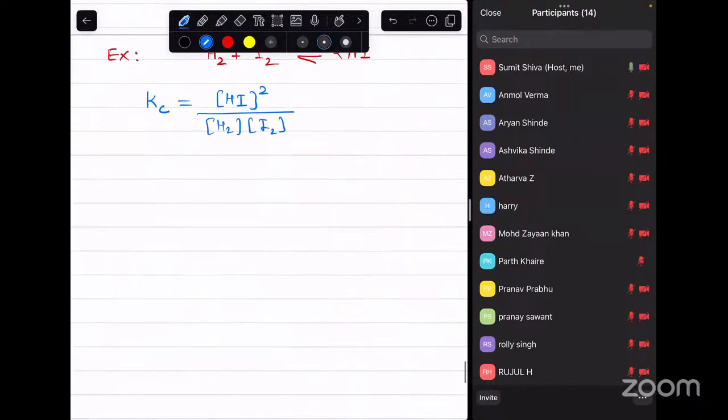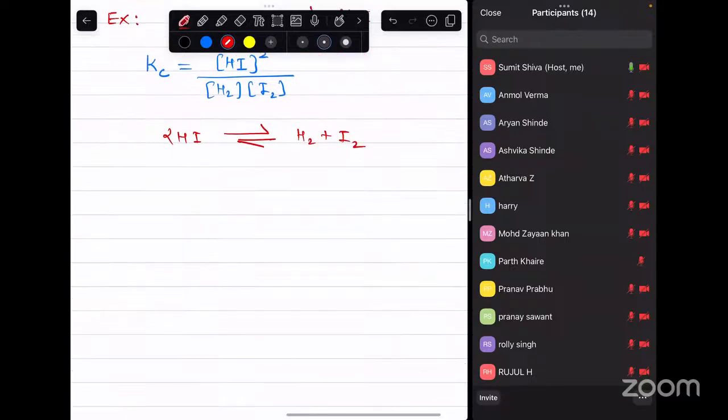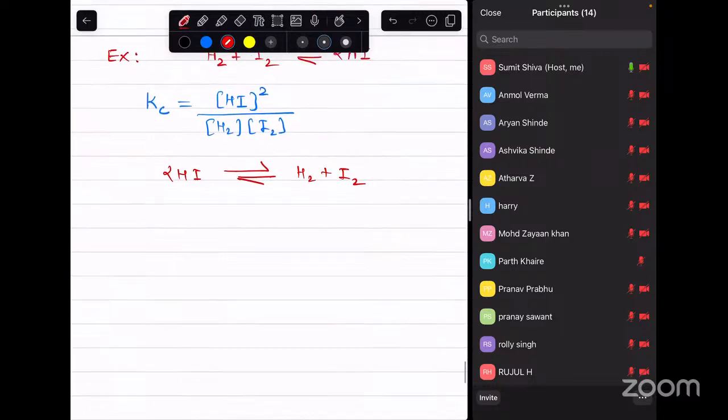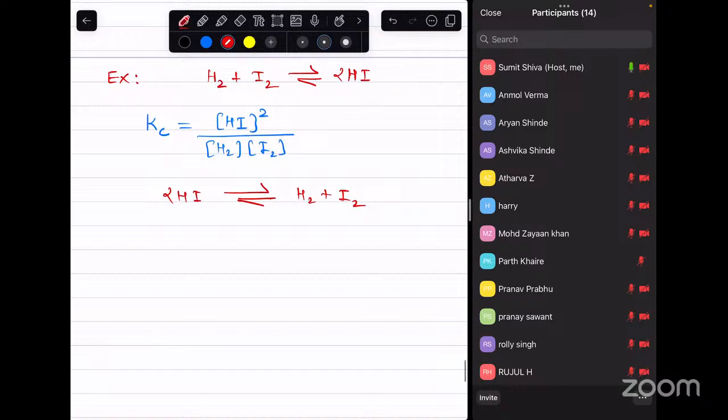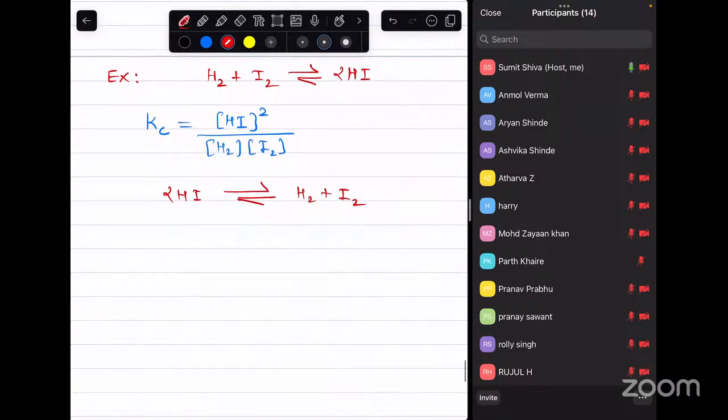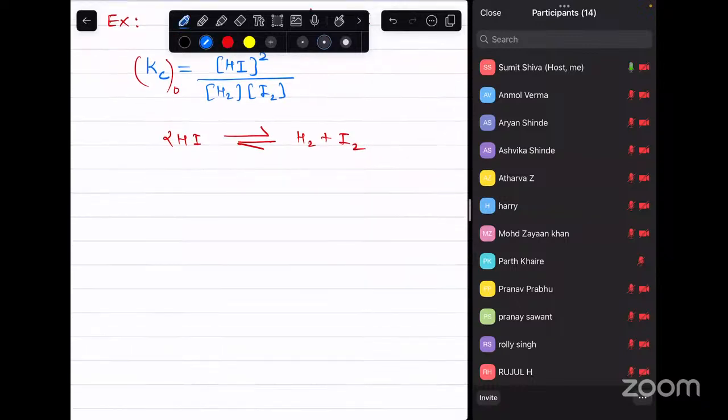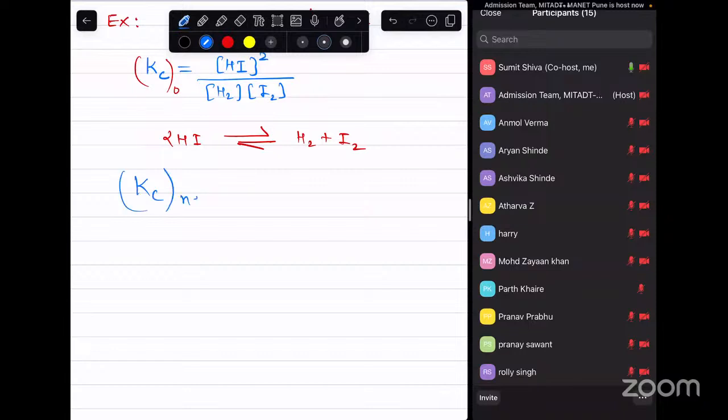Yes, and if you flip the reaction, let's say the reaction goes like this, 2HI gives H2 plus I2, in that case what will you write? If you are reversing the direction of the reaction, or flipping it, then the Kc for the new reaction will be the reciprocal of the Kc for the original reaction.